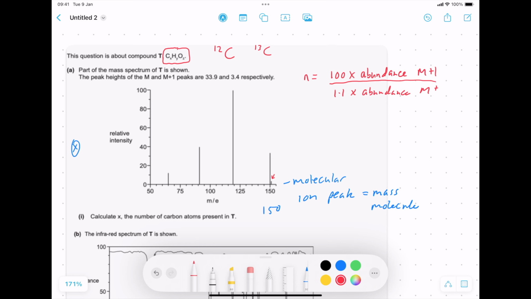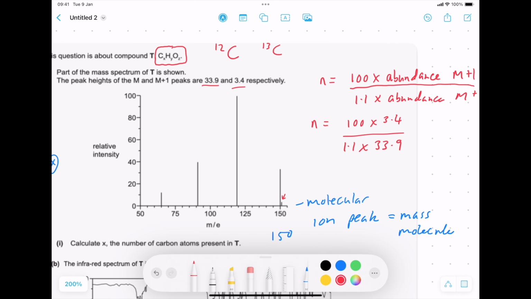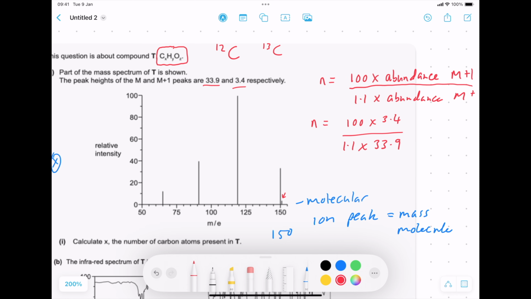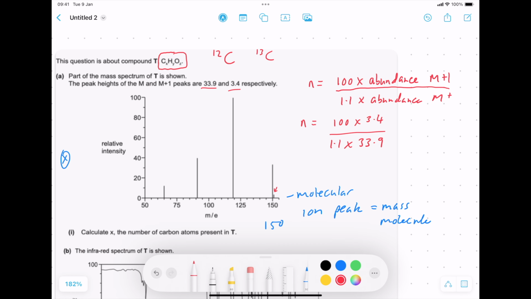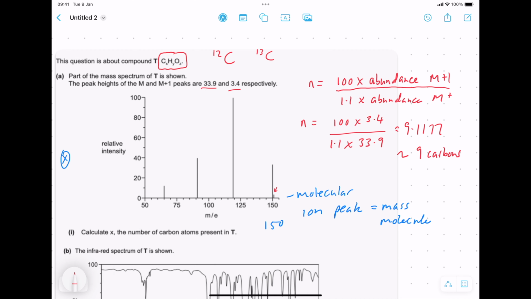That 1.1 comes from, as I just said, about 1.1% of all carbon atoms being carbon-13. So let's use the numbers they provided, 33.9 and 3.4. So we have N equals, and don't forget you're going to need your calculator for this if you're working along with me. Let's put that in, which gives us approximately 9 carbons. Okay, so we know there's 9 carbons in this molecule.